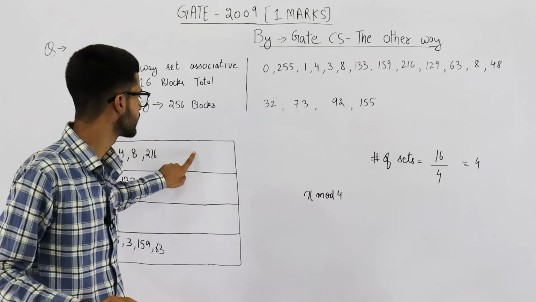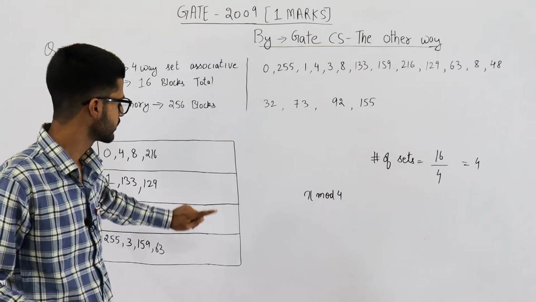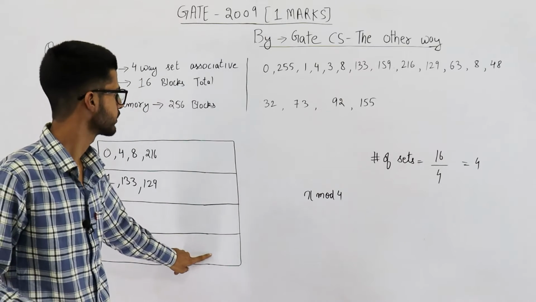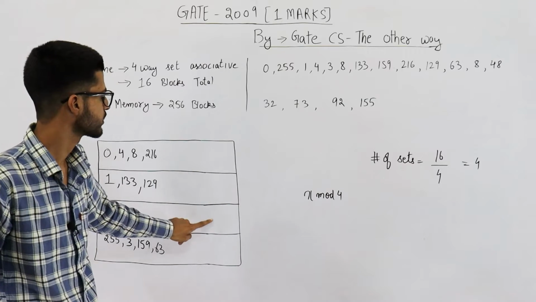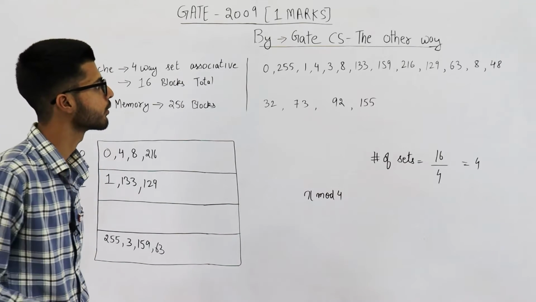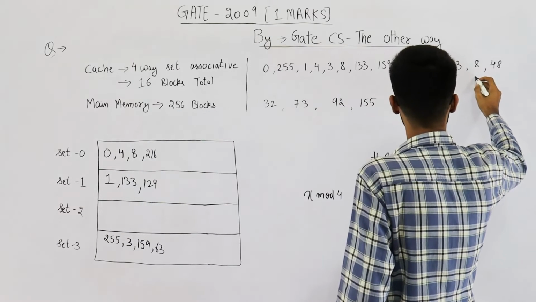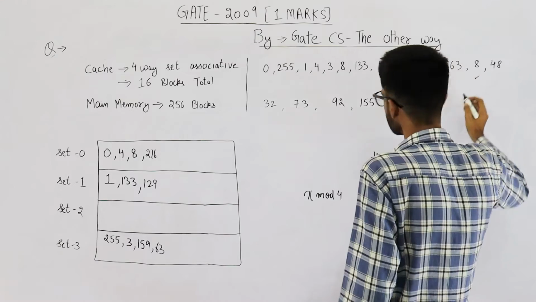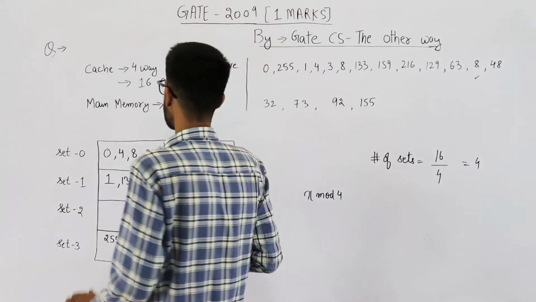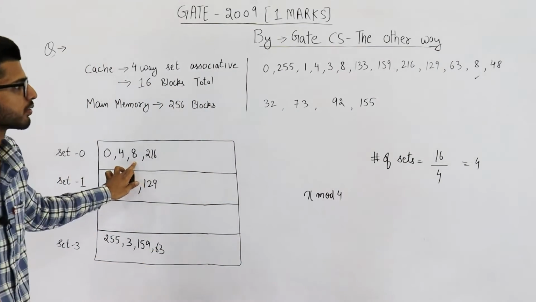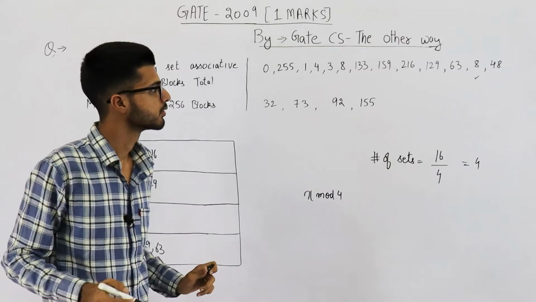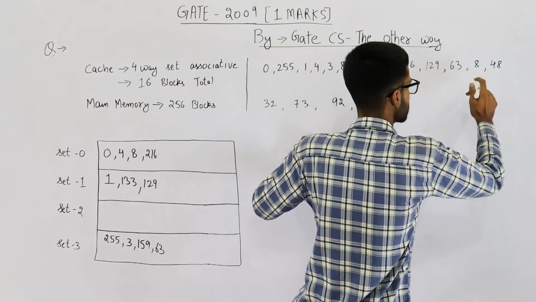So 64 is here. That means obviously 63 will be here. 63, 64, 65, 66, 67, so on. Next one is 8. It's divisible by 4. So actually we have 8 in cache. So this one will be a hit. So this is the first hit that we got.